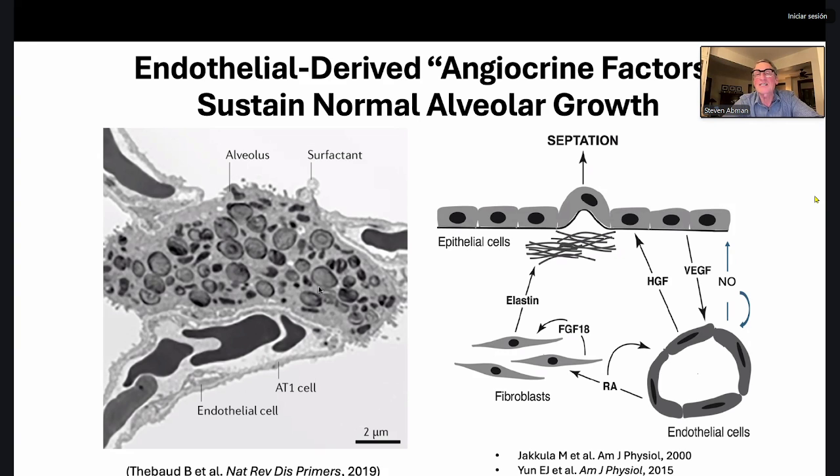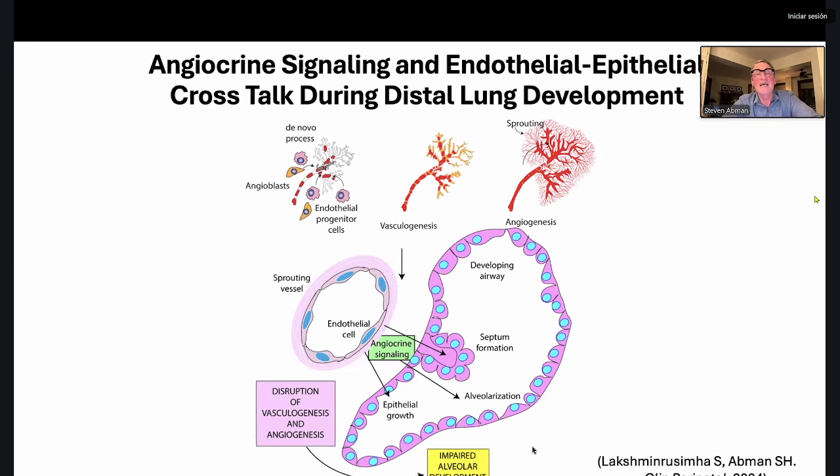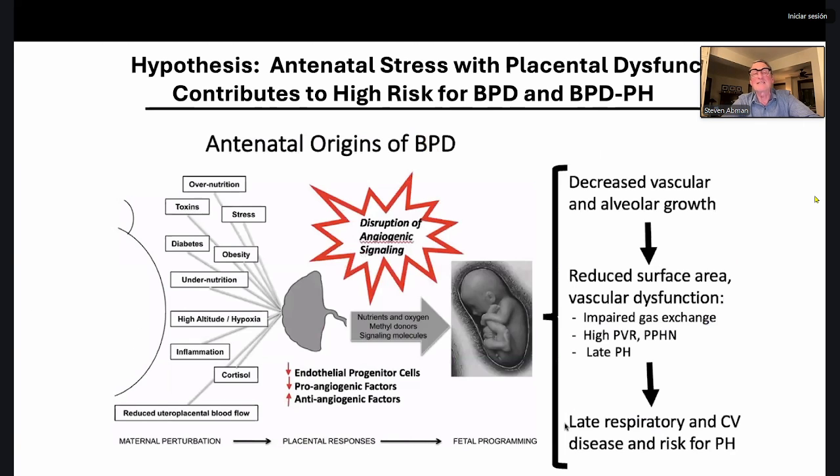And this crosstalk then leads to some of the septation that's required for successful distal lung growth or alveolarization. And this is simply a cartoon that shows this endothelial, epithelial crosstalk. That early disruption of vasculogenesis or angiogenesis leads to this impaired signaling with impaired alveolar development, and that's part of the thinking that we had.